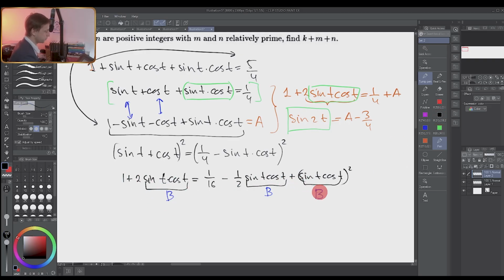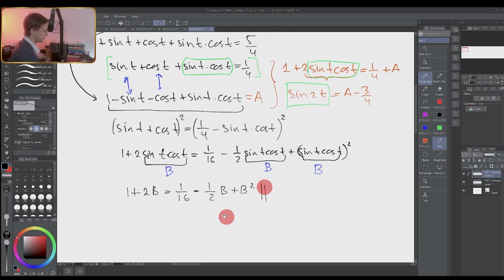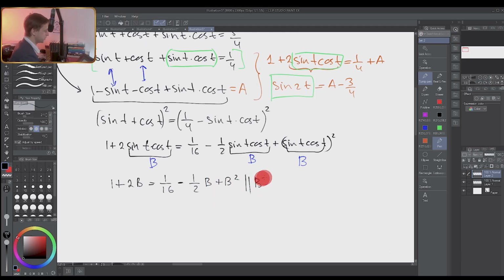If you find b, this is exactly sine t times cosine t, and you will be able to find a. So 1 plus 2b equals 1 over 16 minus 1 over 2b plus b squared. Let's solve this quadratic equation. B squared stays on the left side, and this I bring here, it will be minus 5 over 2b.